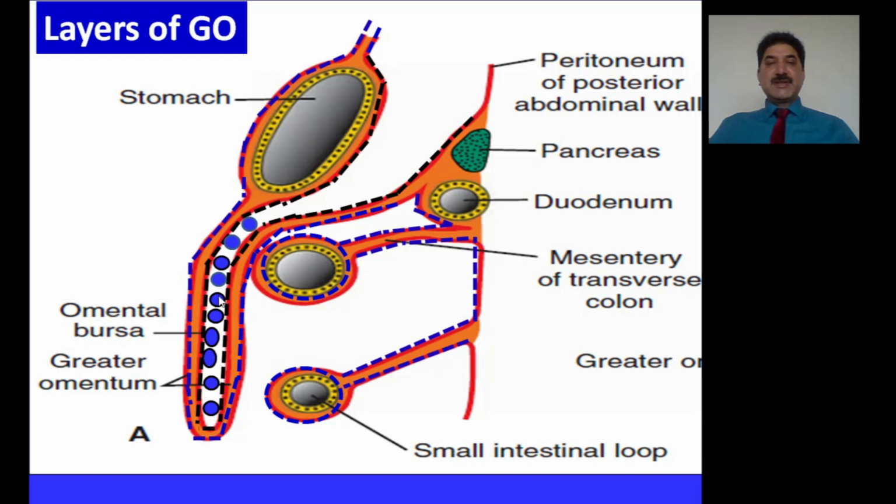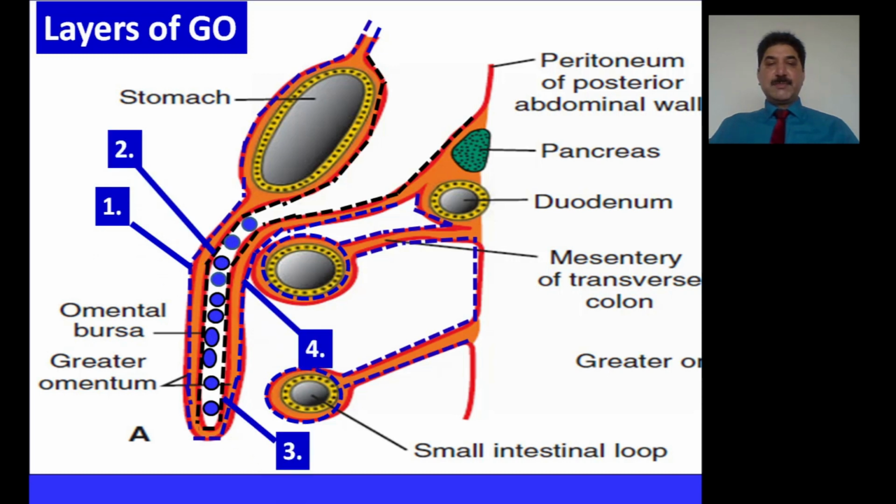In this figure, we can see 4 layers of the greater omentum, 2 in the descending layer and 2 in the ascending layer. For purposes of discussion, these layers are named as first, second, third, and fourth layers of greater omentum. The space between the second and third layer gets obliterated and forms the gastrocolic ligament. This ligament spans between the greater curvature of the stomach and the transverse colon.